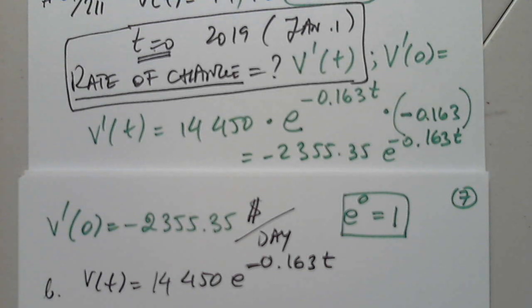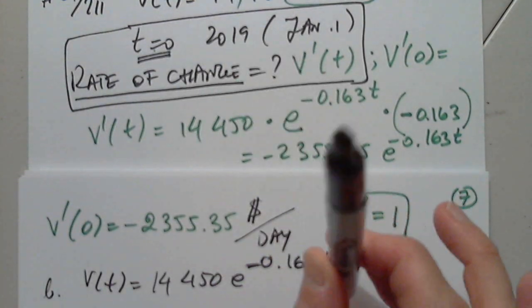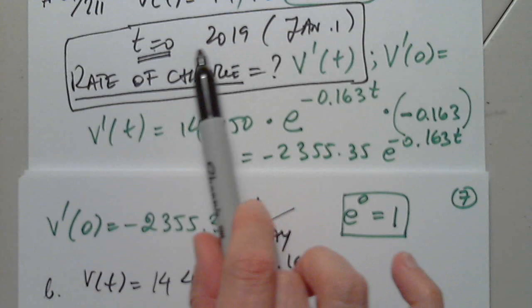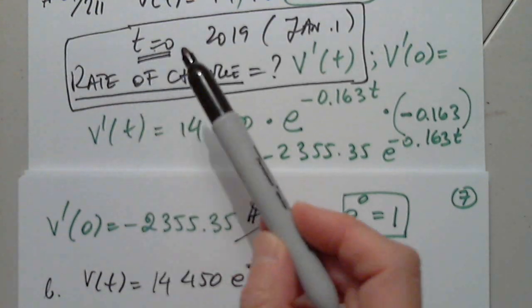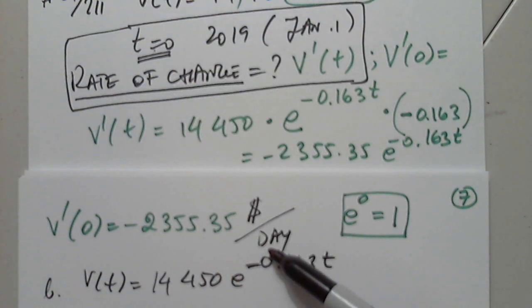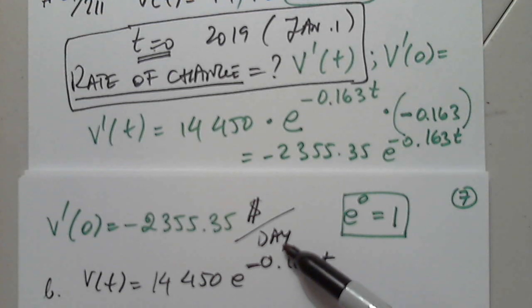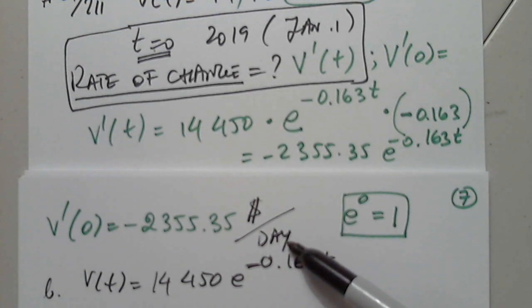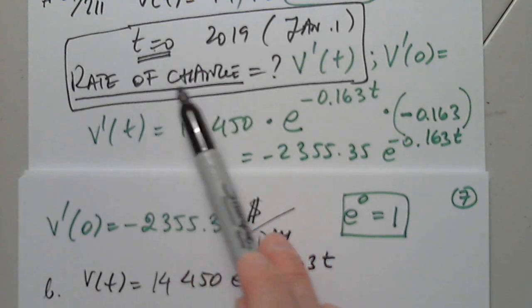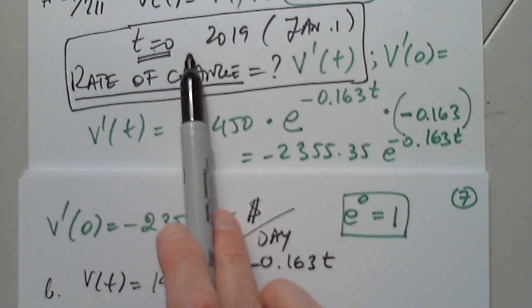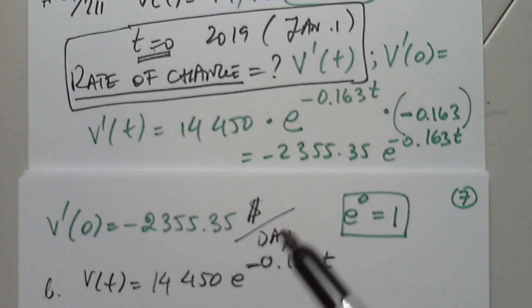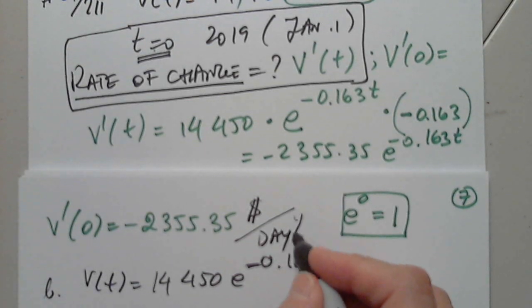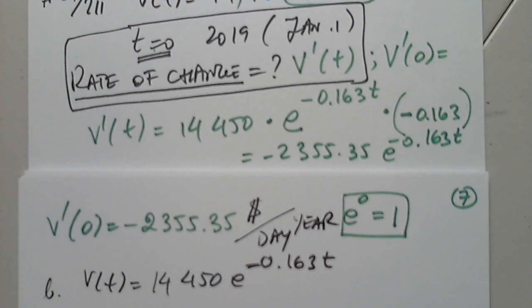It's not specified, but my opinion is that the earlier rate of change was a decrease at that moment in time per year. So I will change this into year. It's that particular instant, but it's per year.